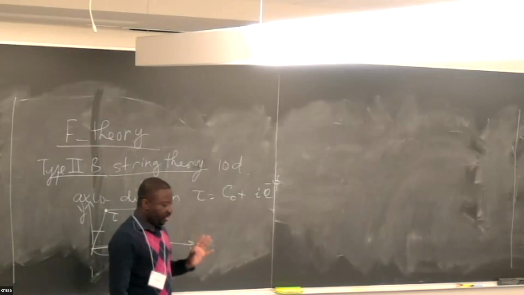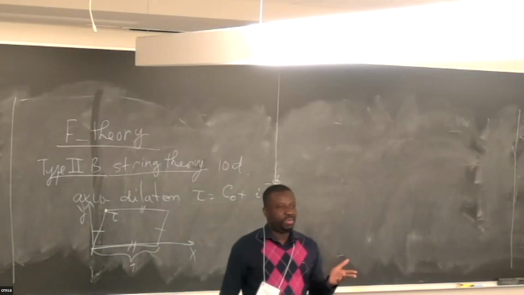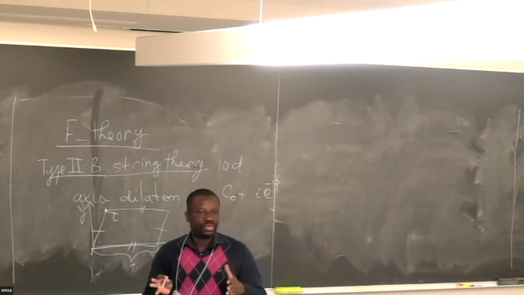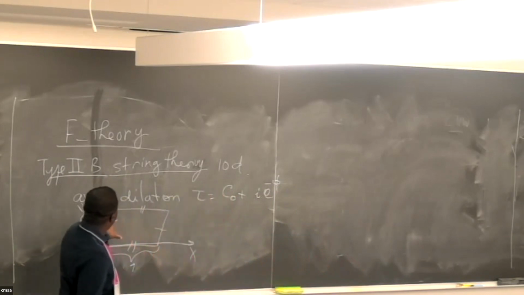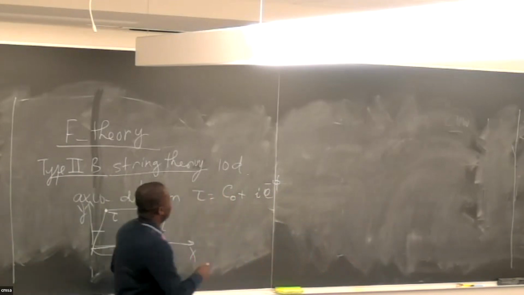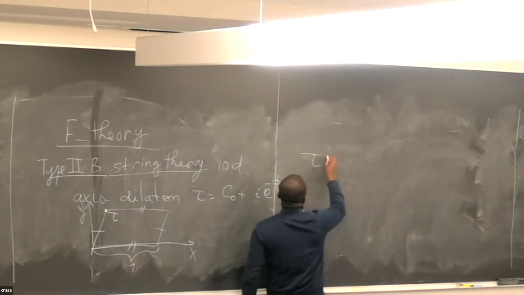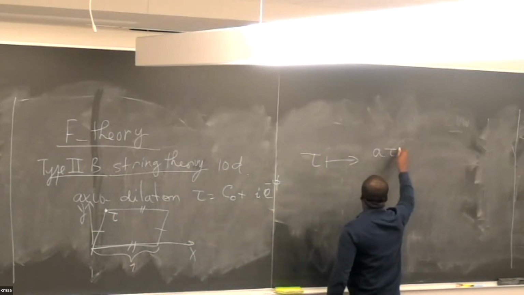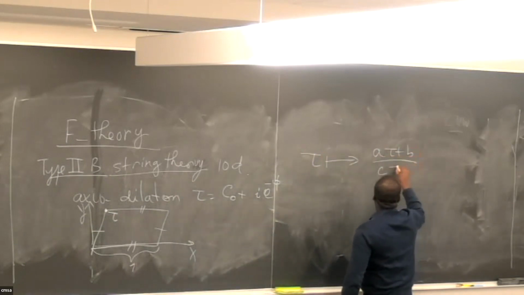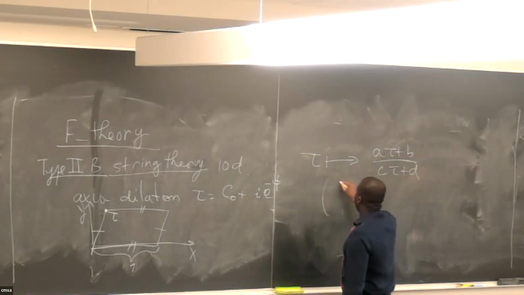So then I can ask myself, if I have different tau, which ones correspond to the same shape for this torus? And there is a symmetry that basically preserves the shape, with a condition.